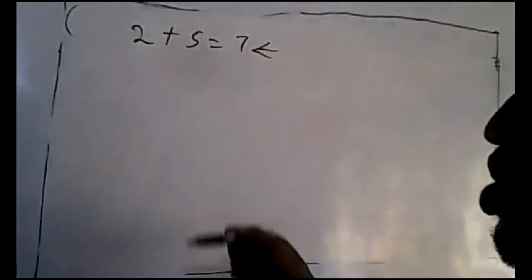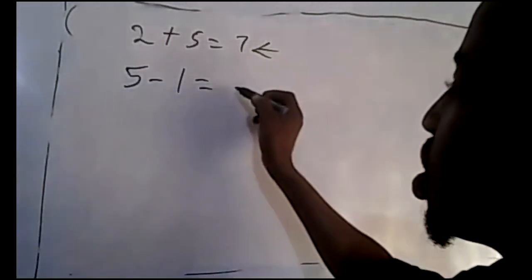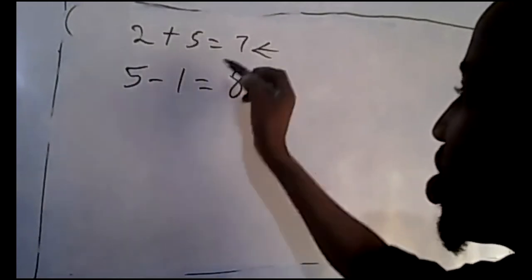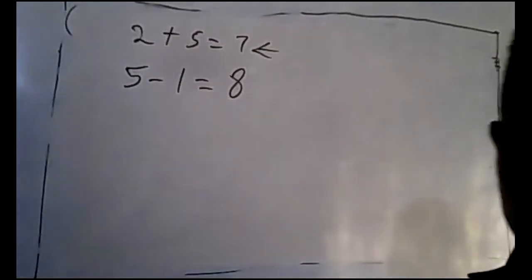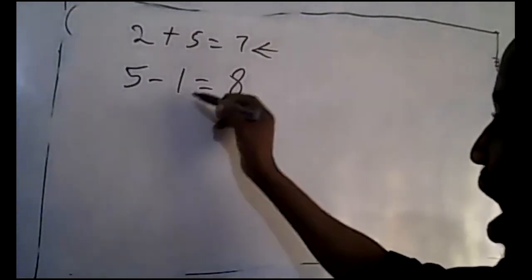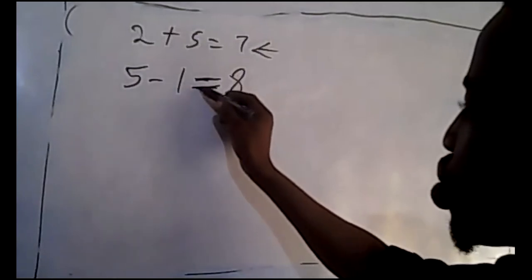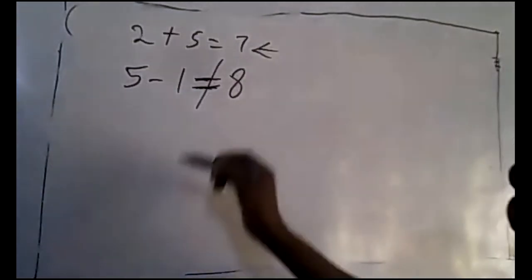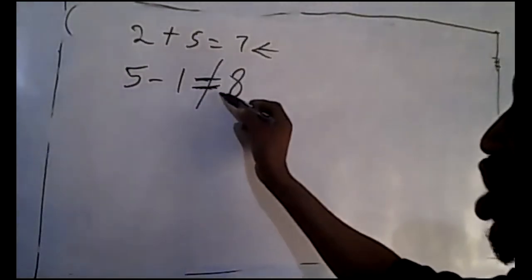I give you an instance: 5 minus 1 equals 8. Is that true? No. Then I will draw a line across my equal to sign, like this. That means not equal to. So 5 minus 1 is not equal to 8.